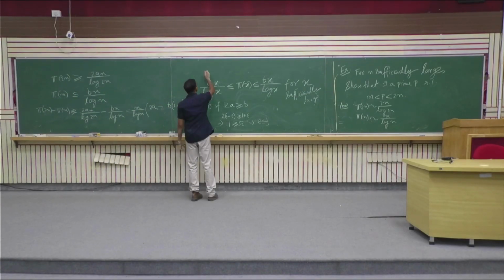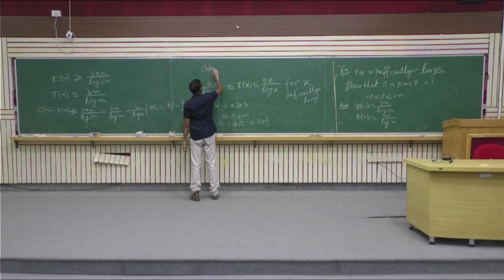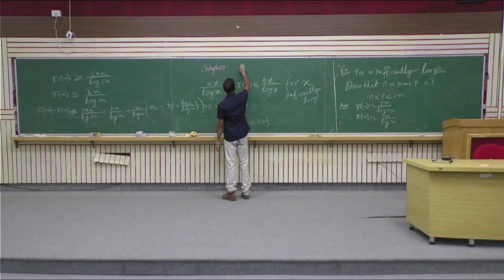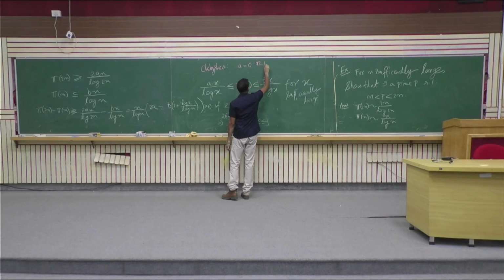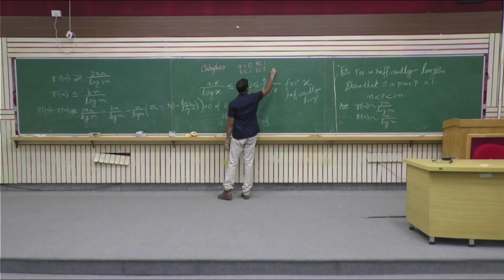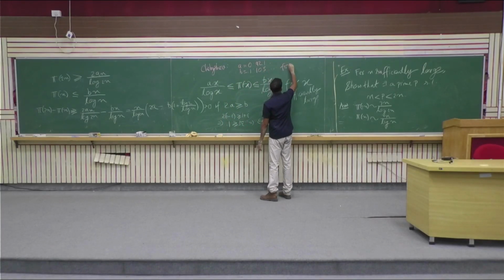So Chebyshev originally used, for Chebyshev, he proved it with a equal to 0.921 something and b equal to 1.105 dot dot, for x larger than or equal to 30.